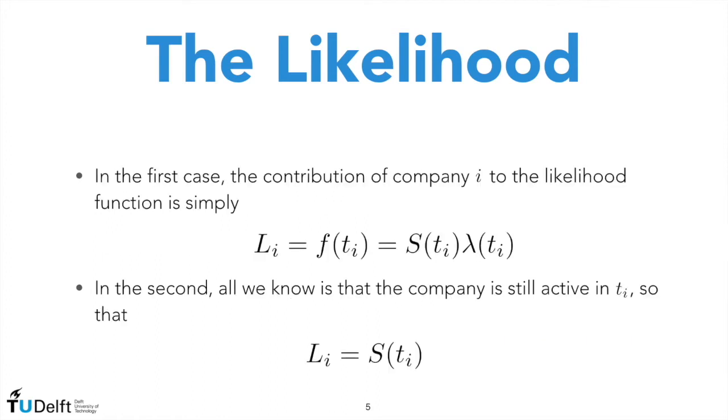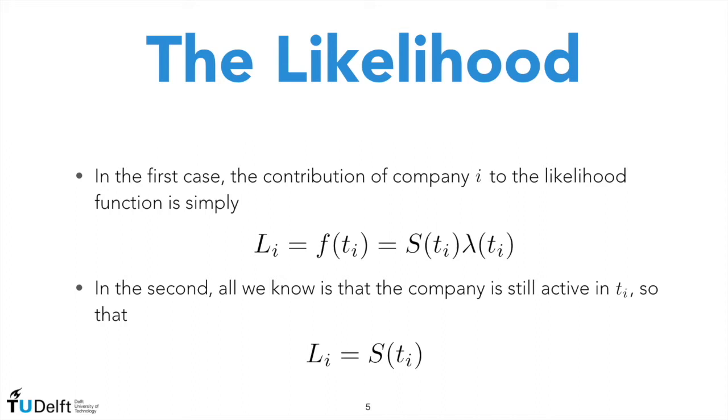In the first case, the actual default, the contribution of company i to the likelihood function is L_i, and it corresponds to the density f computed in t_i, because t_i is the actual time of default. But given the relationship between the density, the survival function, and the hazard rate, we can express f(t_i) as S(t_i) times lambda(t_i). Just go back to last time to see how we can do that.